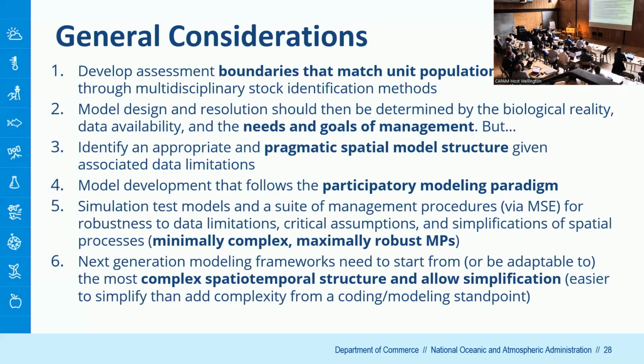In terms of the motivation for having the same selectivity everywhere, the size data is never going to be informative enough to tell you where fish are moving, and if you try to do that, you're going to get an answer, but it's very unlikely to be the right answer. So I generally think it's probably better not to keep them the same, but I agree a simulation is needed to test it out.